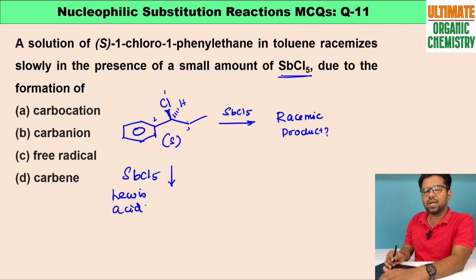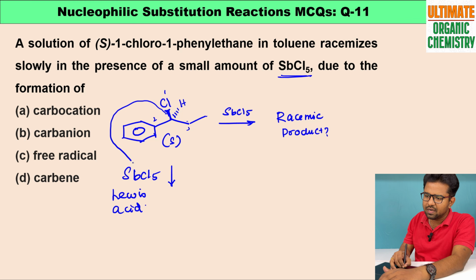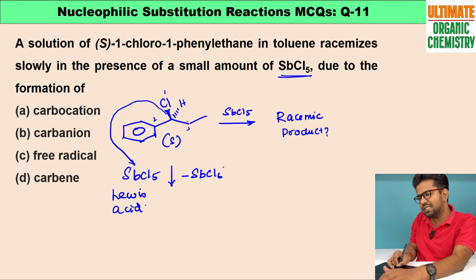A Lewis acid requires a pair of electrons. So it takes the carbon-chlorine bond electrons, that means it takes this Cl minus, the carbon-chloride bond is broken, and it leaves as SbCl6 minus. And as a result, a carbocation intermediate will be formed.